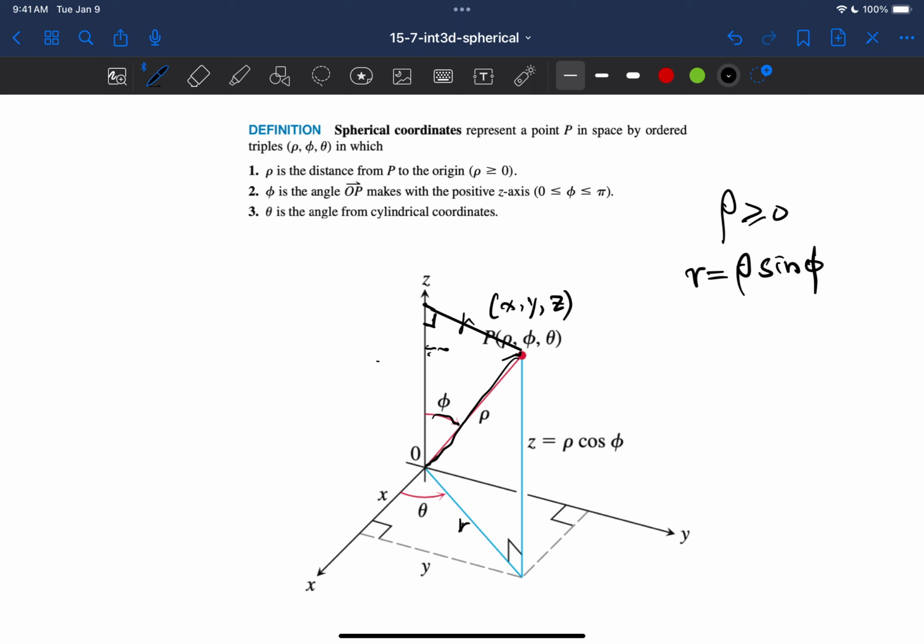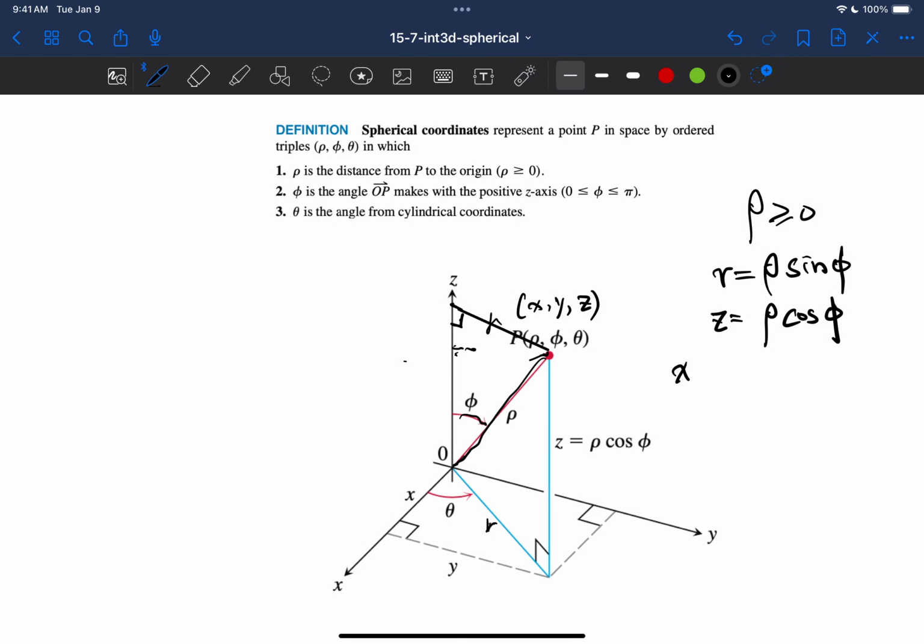And z is the height of this point from the xy plane. Z is rho cosine phi. Now we can look at x here. Because x is r cosine theta, if we replace r by rho sine phi, then you also need cosine theta here.